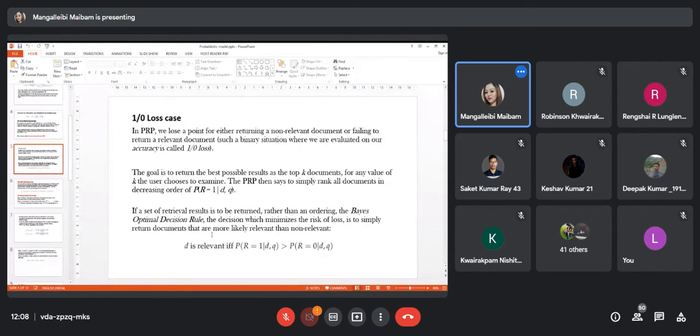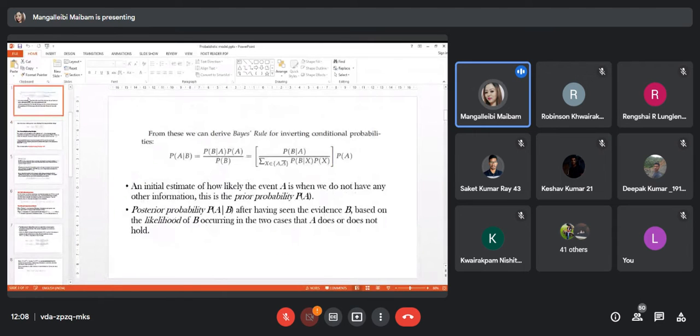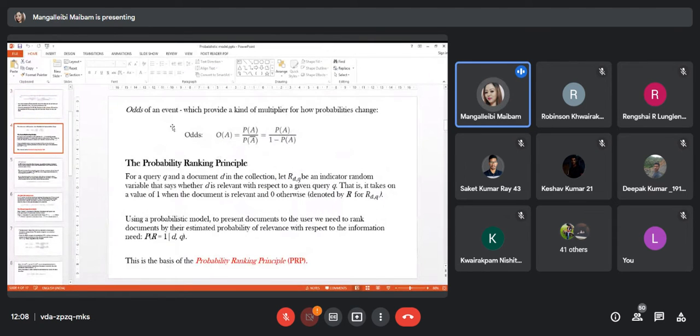Then you have to write this: D is relevant if and only if probability of R equal to 1 for the document and the query is greater than probability of R equal to 0 for the document and the query. Like this, you have to answer. And from this also, I can ask what is the odds of an event, and ask the formula for this in multiple choice.